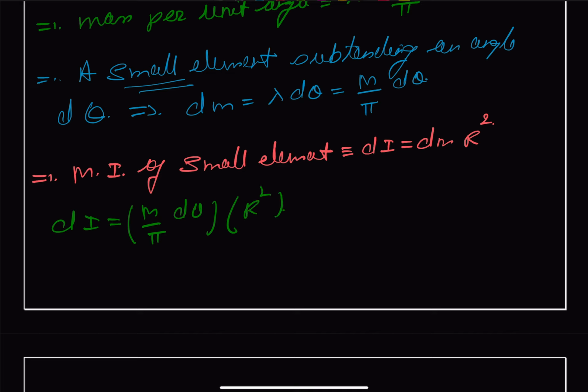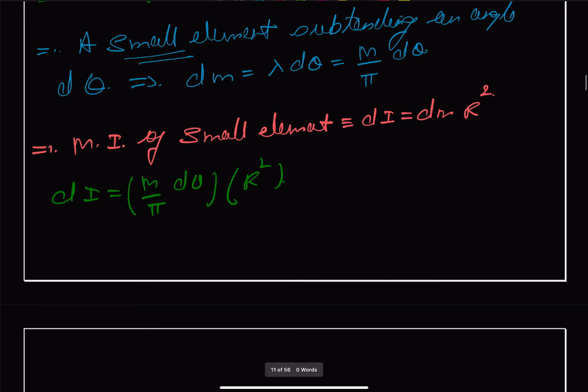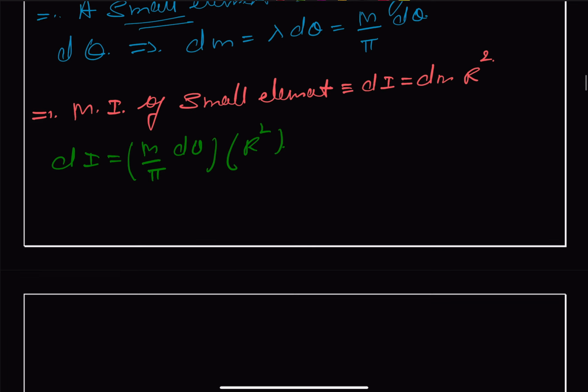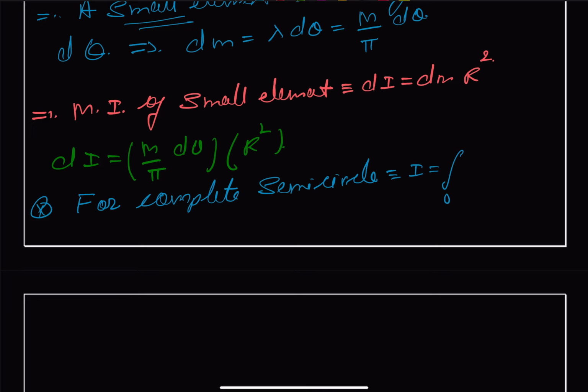Now for complete semicircle we are going to integrate from 0 to pi. So for complete semicircle we get our I will be equal to integration 0 to pi dI.